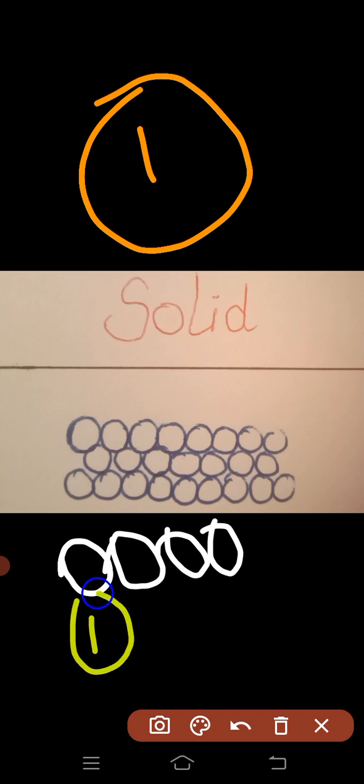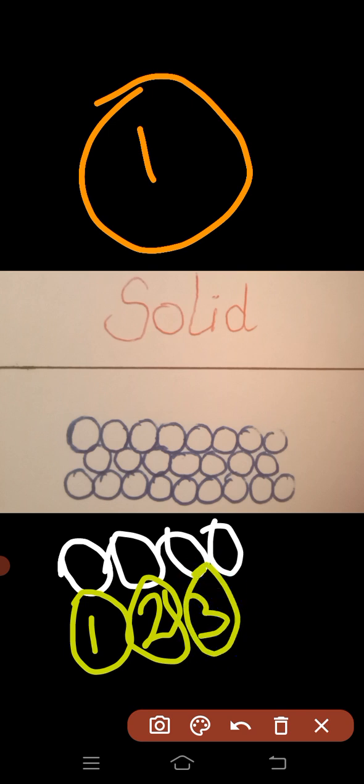This is molecule number one, this is molecule number two, this is molecule number three, and so on. You can see that they are tightly packed. One after another, there is no gap in between. So this is the first state of matter.